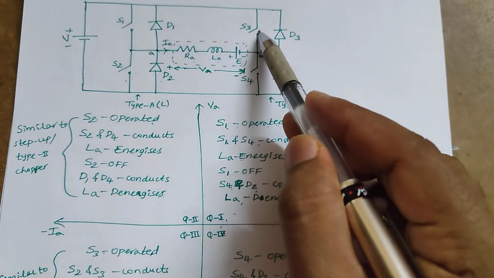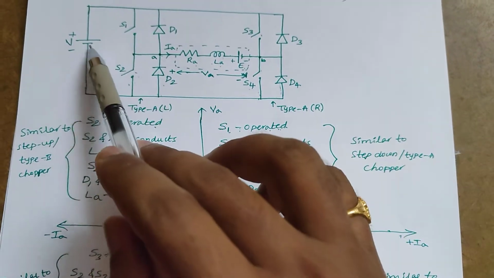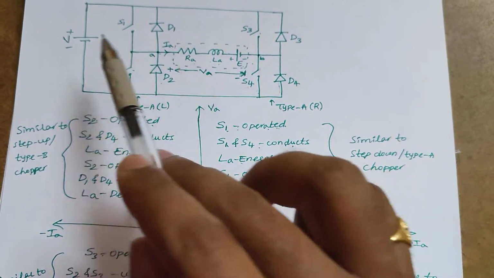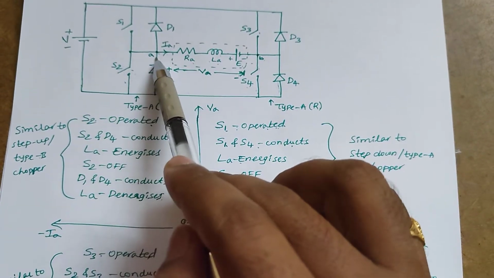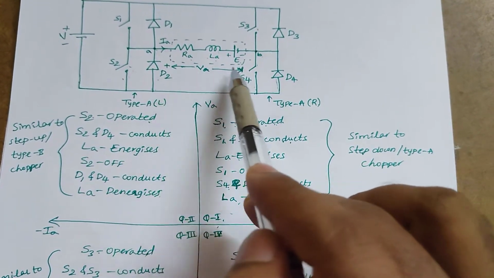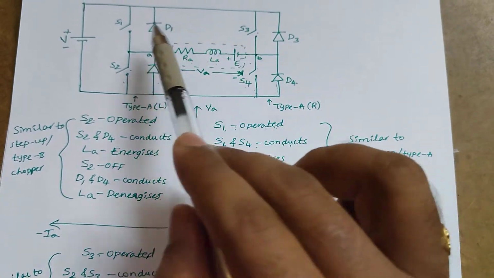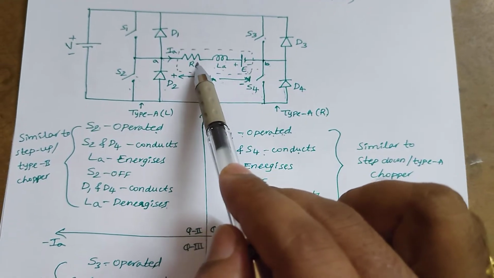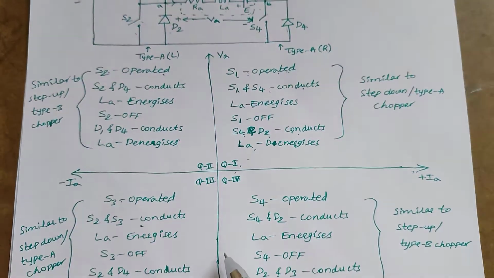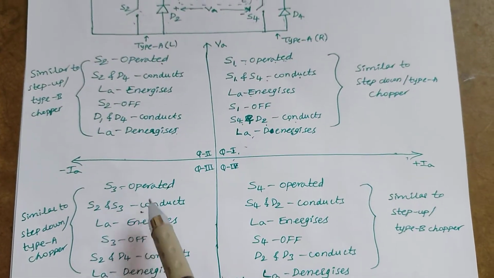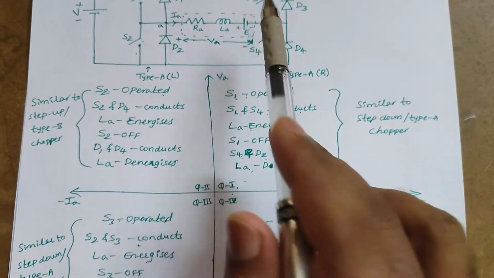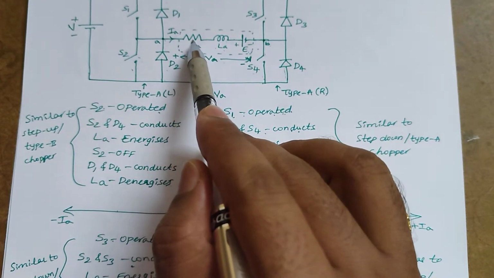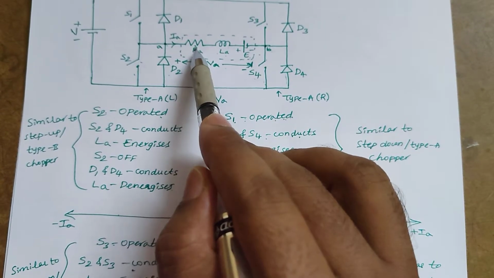So when switches S3 and S2 are on, the positive polarity appears across B and negative at A. That is opposite to the assumed direction of the voltage, and the current also flows in the opposite direction, that is B to A. That's why both voltage and current are negative by operating S3. So LA will get energized in the opposite direction, the negative direction.